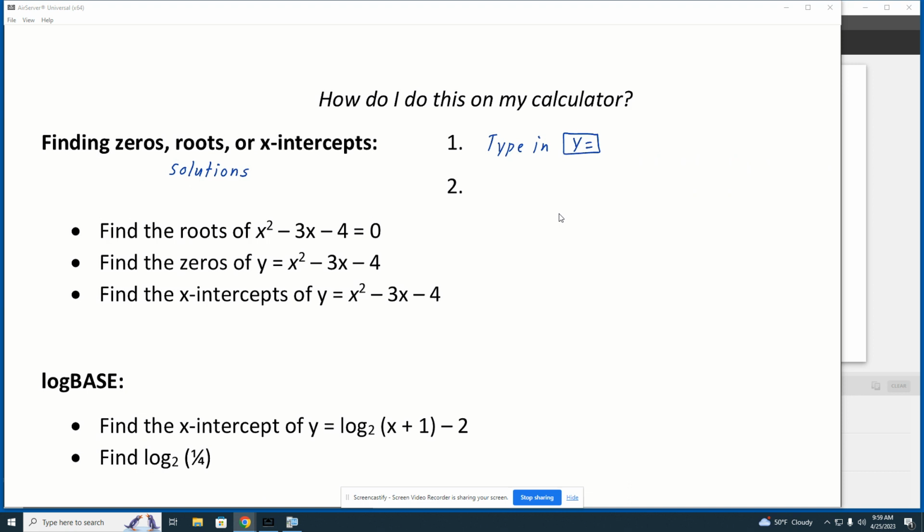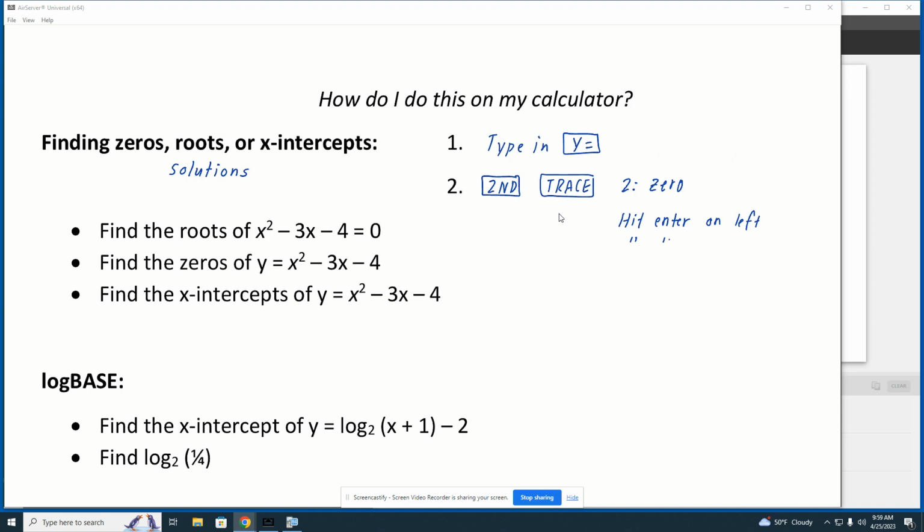or we're going to use second, trace, number 2, which literally says 0, and we're going to hit enter on the left.